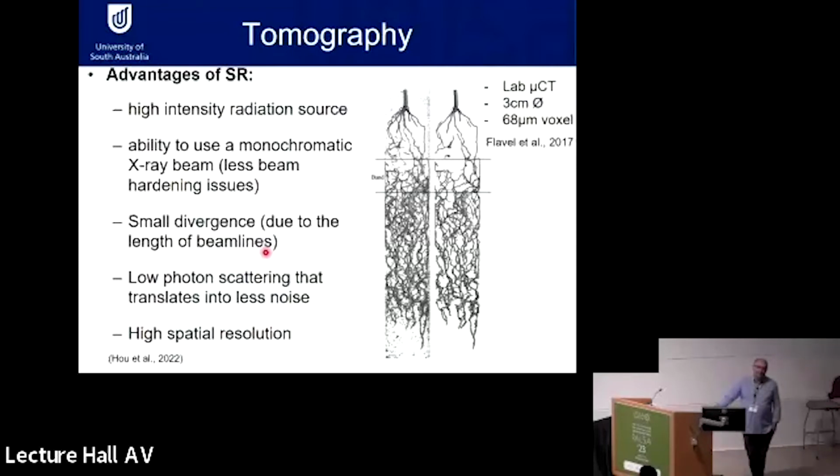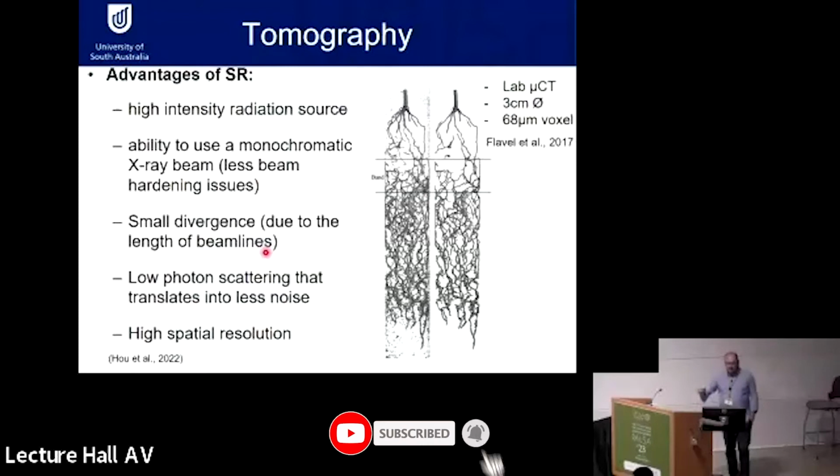We can use monochromatic beam, so we don't have the beam hardening that we have with conventional lab scale systems. And this is the sort of information you get with one of those lab systems. You can see these are plants grown in cylinders of 3 centimeters in diameter and a resolution of 68 micron voxels.